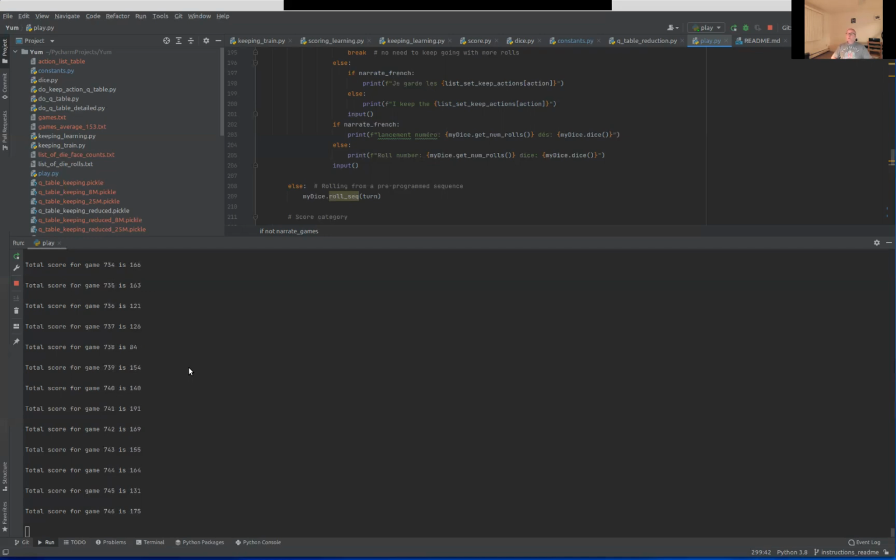In the scoring table, the action is kind of simpler, really. For each row, it's going to be scoring a category. So there are really 11 columns, right? And each row is going to have its maximum at one place, and that one place is going to be scoring that particular category.